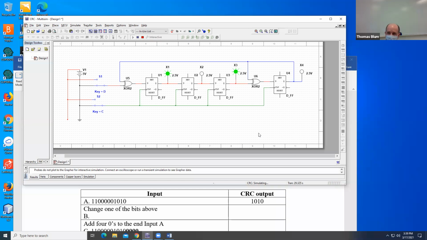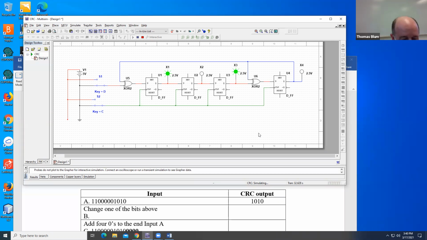There is a sender and a receiver, and the sender does some kind of calculation like this, some CRC calculation. The receiver does some CRC calculation, and then they compare results. And if they differ in their results, then it is presumed that an error occurred. Well, we know an error must have occurred.